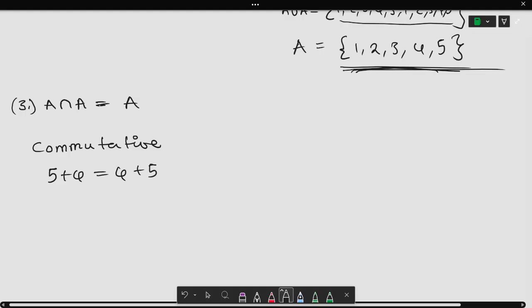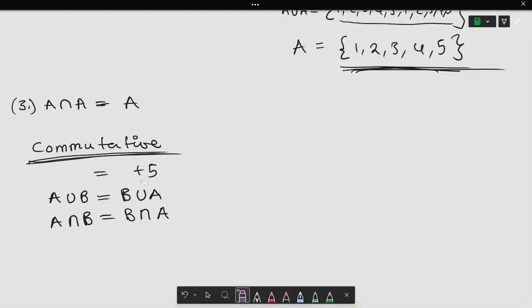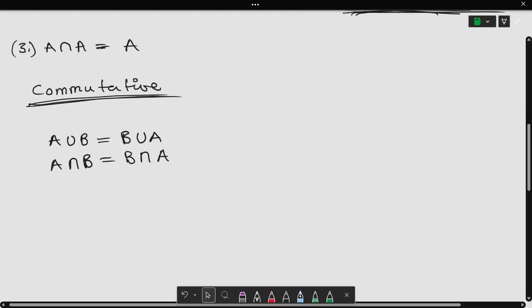So in terms of sets, if you have A union B, this is the same as B union A. Or if you have A intersection B, this is the same as B intersection A. So this is the commutative property of sets. I think even multiplication is also commutative, but we are talking about sets. So in terms of sets, this is what we mean.